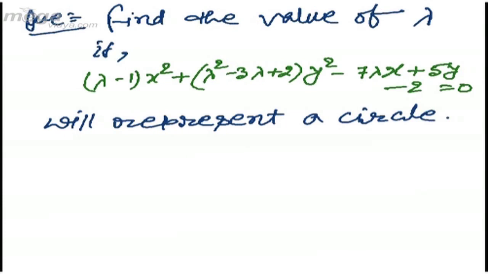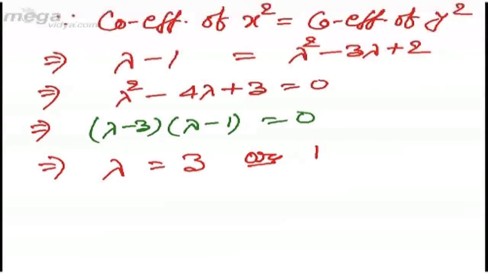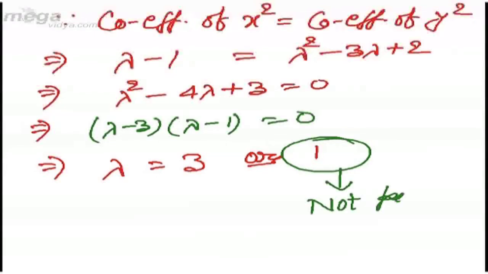That means both second degree terms will vanish. We will only get a linear equation in x and y, and this linear equation always represents a straight line, not a circle. So student, this lambda equal to 1 is not possible.